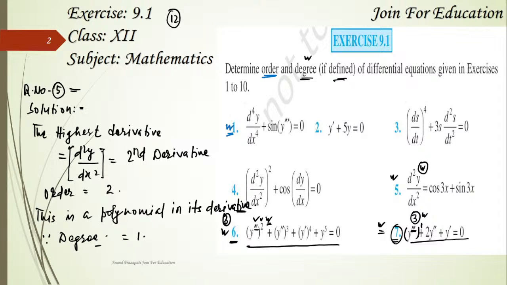If the given differential equation is a polynomial, then it is defined for degree, otherwise not. If it is defined for degree, then we see the maximum power of the highest derivative of the given differential equation, which gives the degree of the given differential equation.